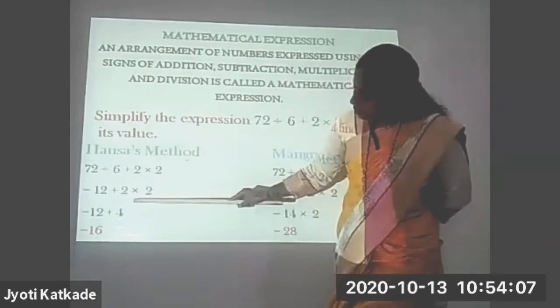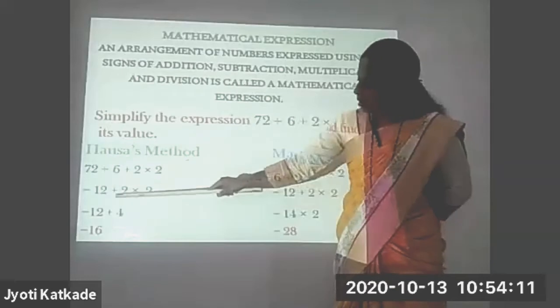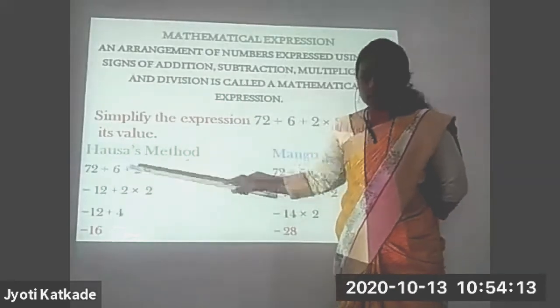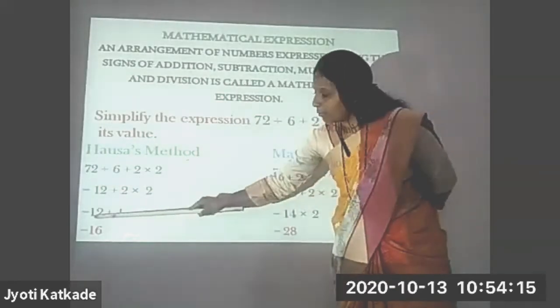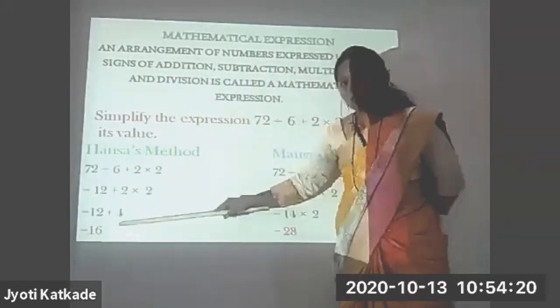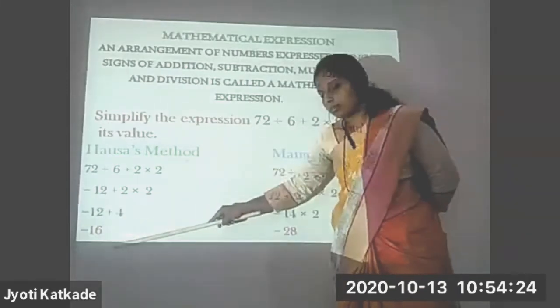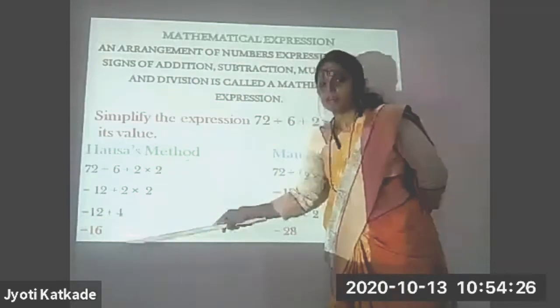Then the student does 2 into 2, taking multiplication after the division. Okay. Means 12 plus 2 into 2, 4. Now 12 plus 4, 16. This is the first student's method.